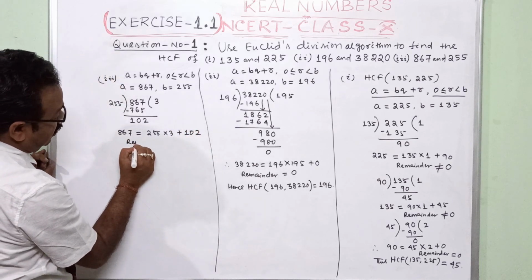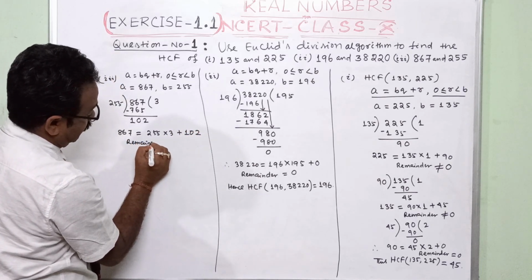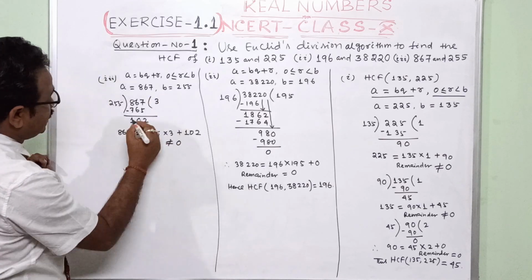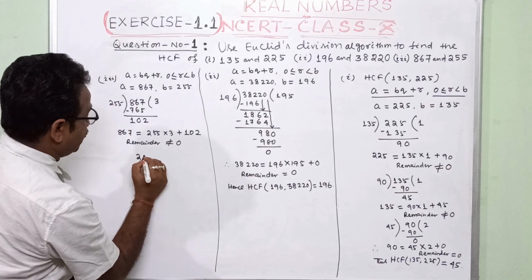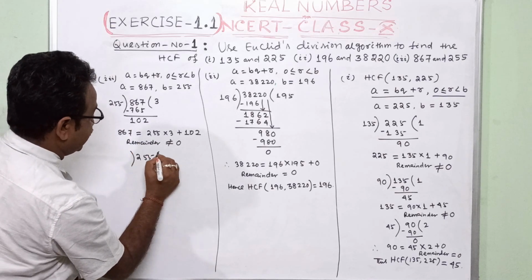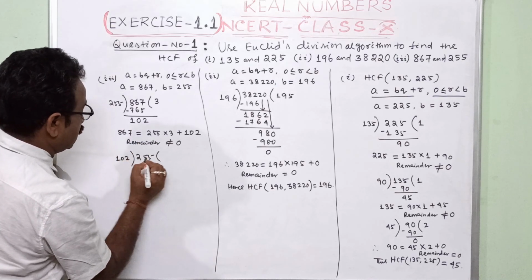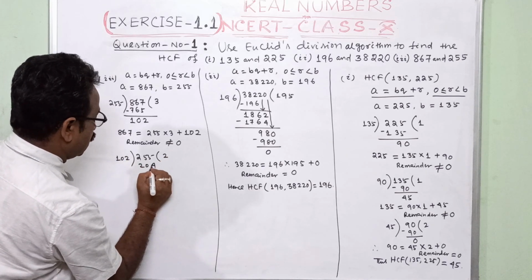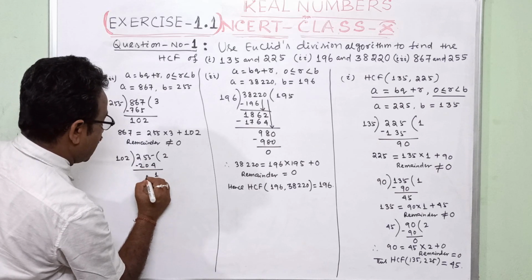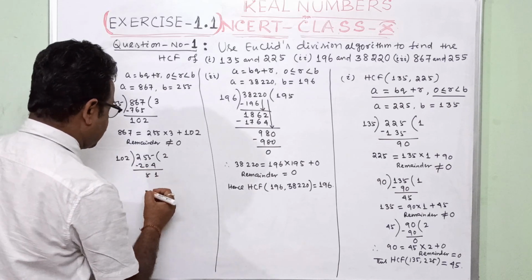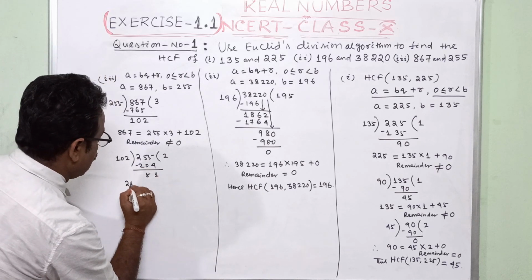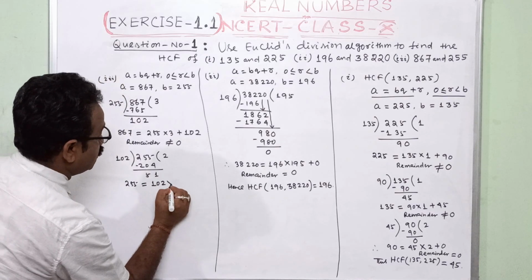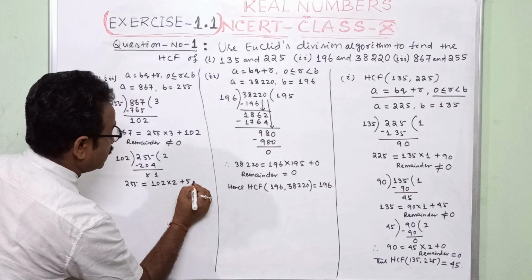Here the remainder is not equal to 0, so we'll continue the division. Now 255 is the dividend and 102 is the divisor. 255 = 102 × 2 + 51.